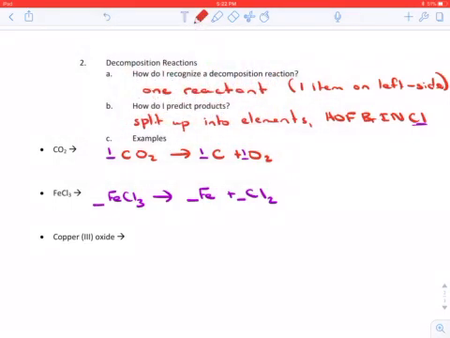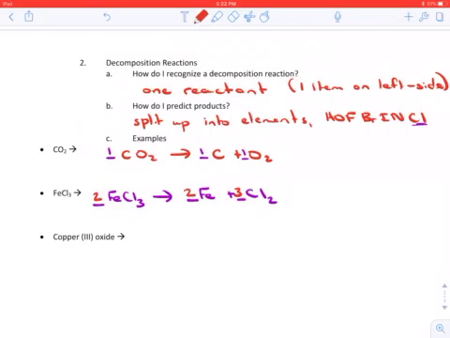This time we'll actually need to balance because we have 3 chlorines on one side, 2 on the other side. And they don't go into each other so nicely, so we'll put a 2 out front, which gives us 6 Cl's. How do we get 6 Cl's on the product side? Well, we put a 3 right there. And now go back and do our Fe's, which gives us 2 right in the middle there.